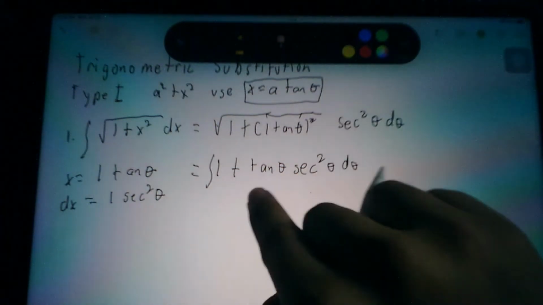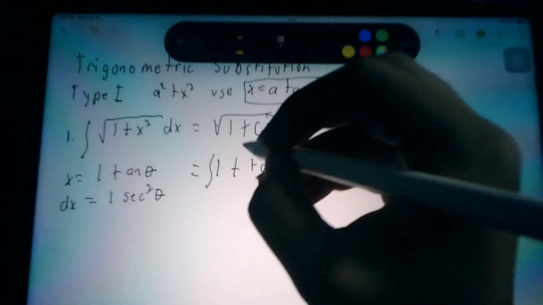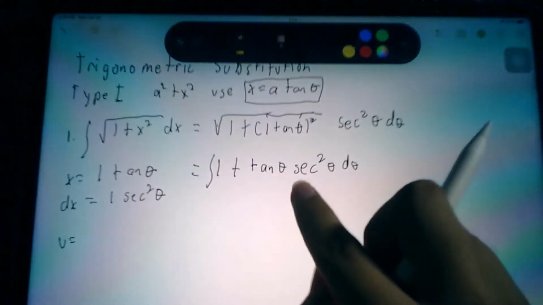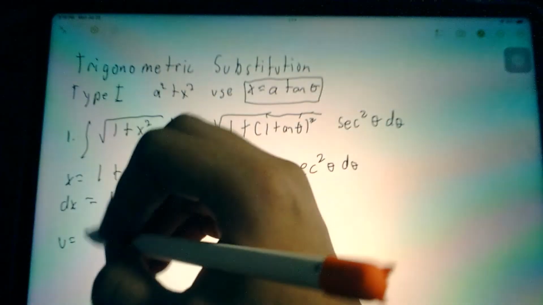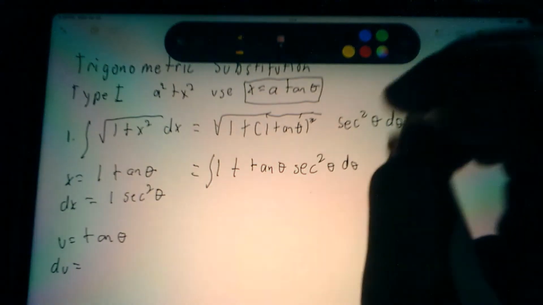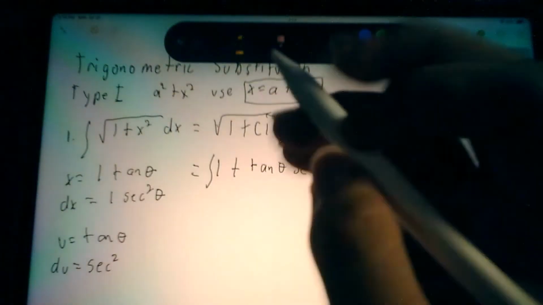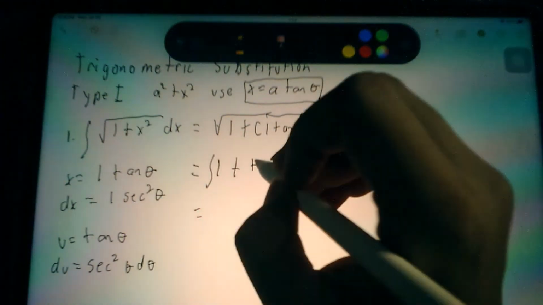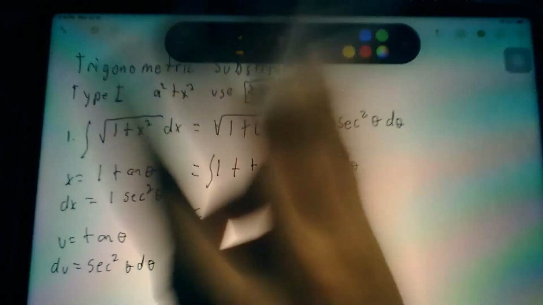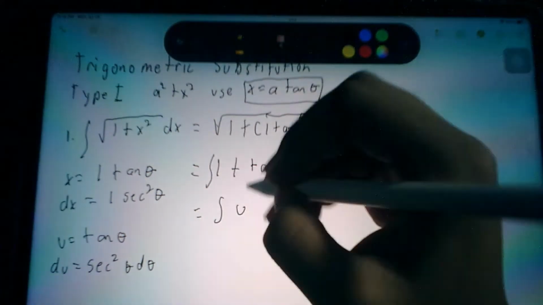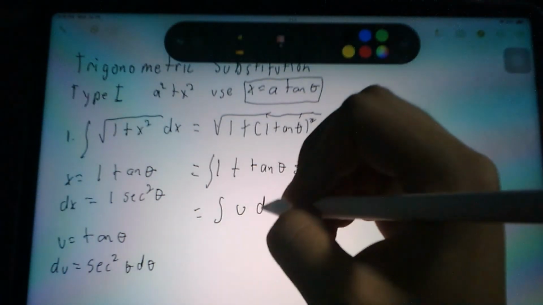So now what do you do next? We need to use substitution here. Our u here is just equal to tangent theta, and the derivative of tangent theta is secant squared theta d theta. So we took 1 outside, it becomes 1. So this is equal to the integral of u du.